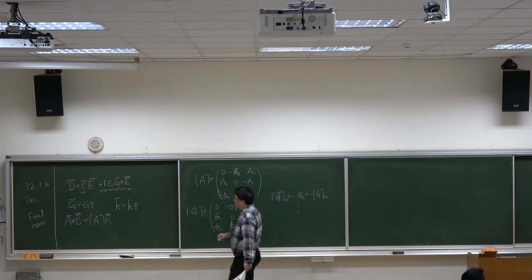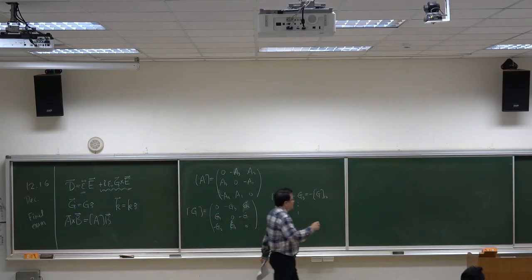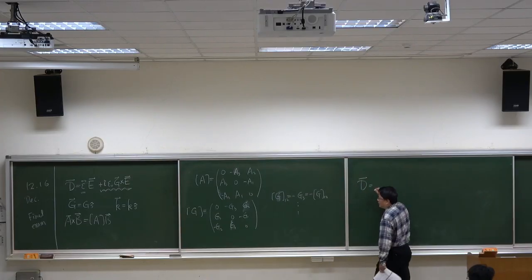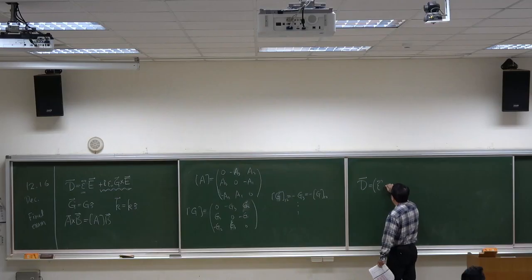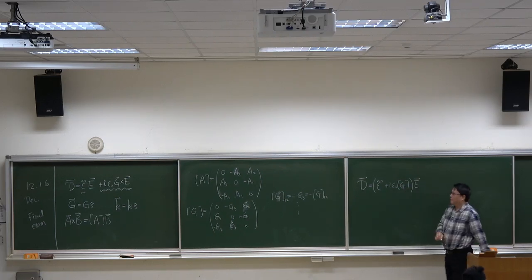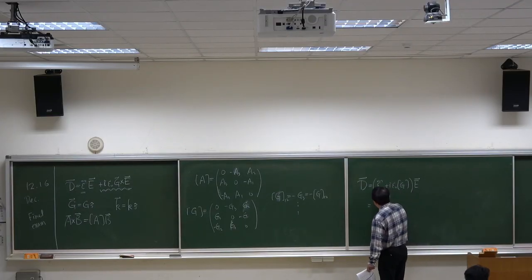So we can write this relation between P and E as epsilon plus i epsilon 0 G matrix times E vector. Okay? And we can define this combination as epsilon prime.